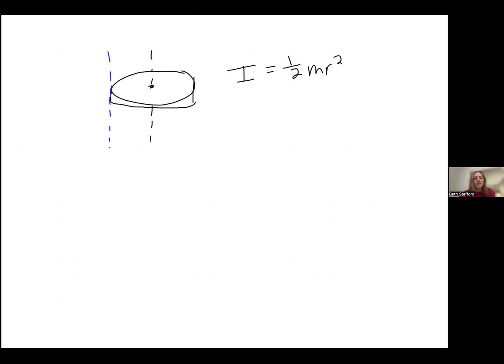For the new axis, we're going to take the center of mass moment of inertia, the formula. We can call it the center of mass moment.